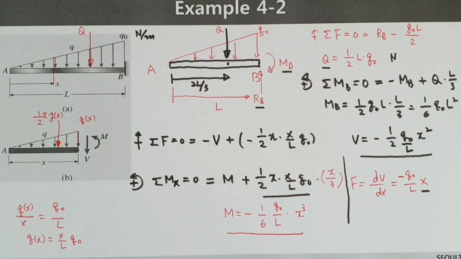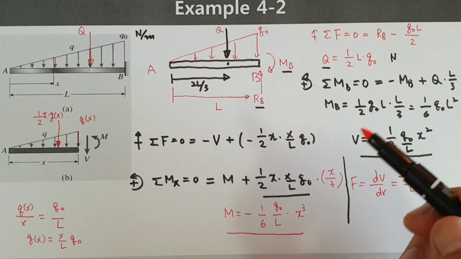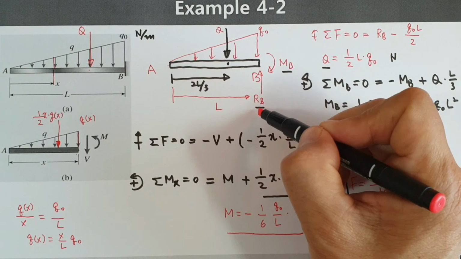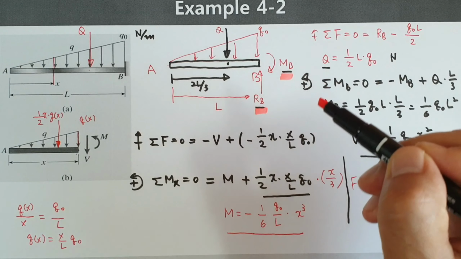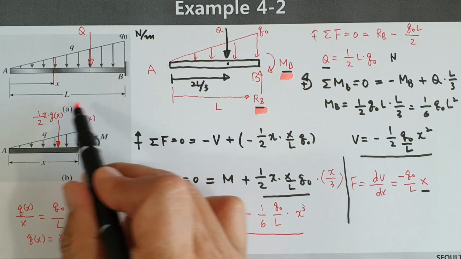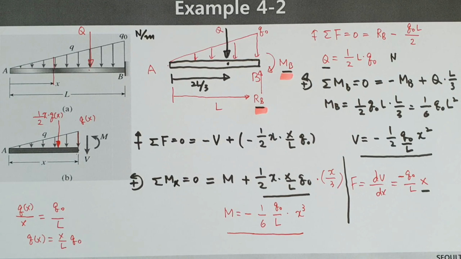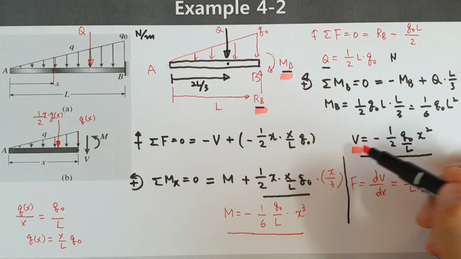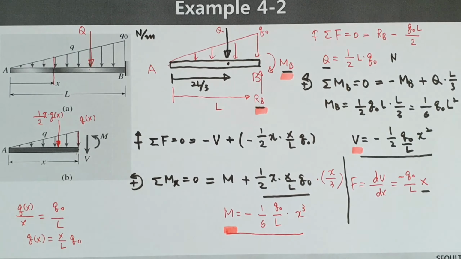Anyway, at first you calculate reactional force RB and MB, and next draw this kind of free body diagram, then calculate shear force and bending moment like this one. That's it for this example.